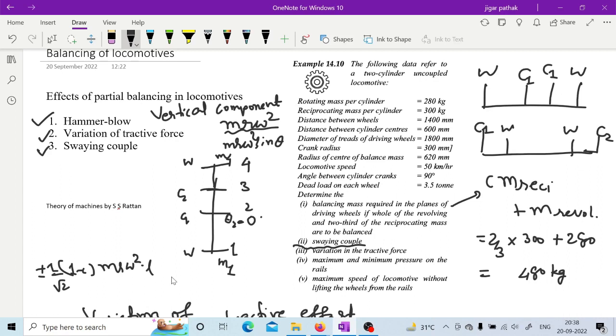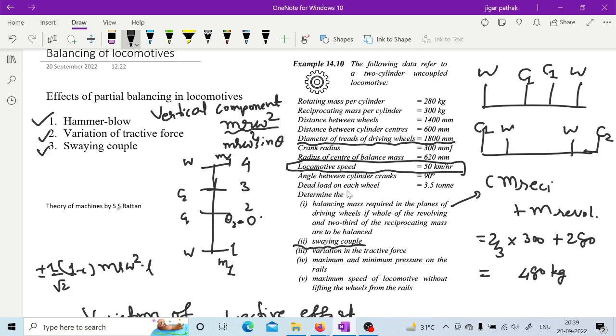You are provided that c is 2 by 3, m is 300, r is 0.3, and omega, if you calculate it, will be 15.43. Omega you need to calculate from v, the locomotive speed, and the radius is provided. The diameter can be converted to the radius.